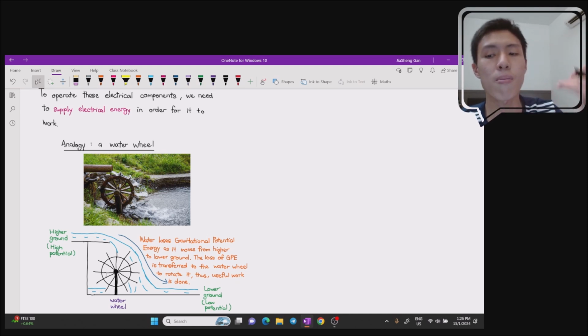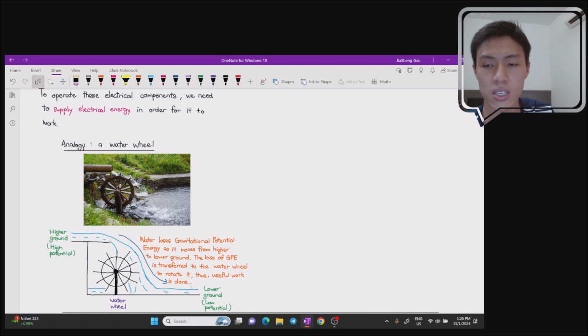There's some form of transition of energy over here. But how do we make it work? Water loses gravitational potential energy as it moves from higher to lower ground. So you can see water flowing out from this pipe, from a higher ground to a lower ground. The loss of gravitational potential energy is transferred to the water wheel to rotate it.